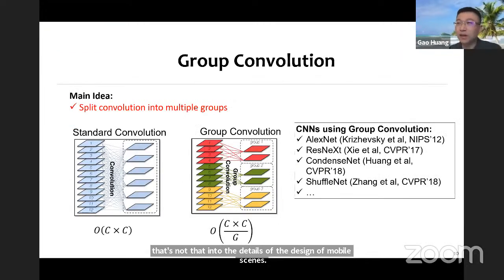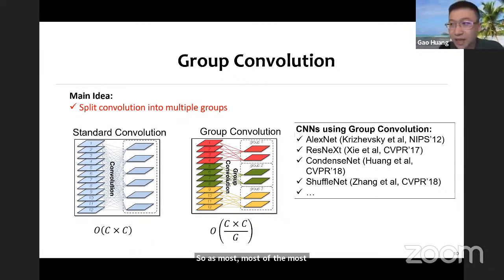As most mobile convolutional networks depend on a specific type of convolution, I will start with group convolution, which is very important for designing lightweight convolutional networks. The basic idea of group convolution is very simple.